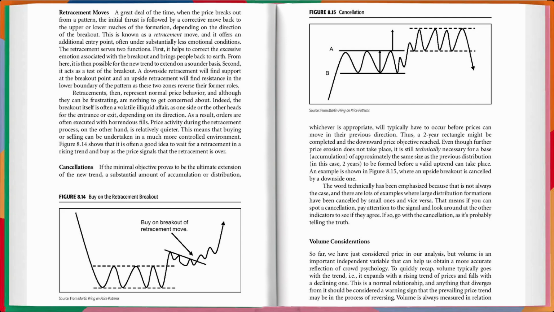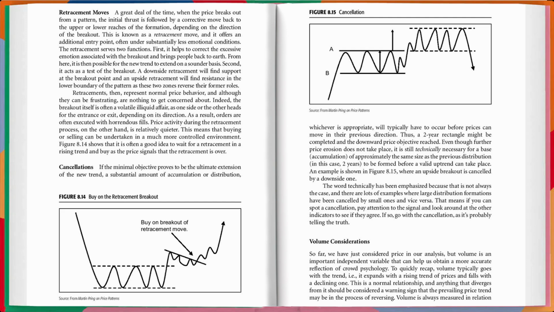Even though further price erosion does not take place, it is still technically necessary for a base accumulation of approximately the same size as the previous distribution, in this case, 2 years, to be formed before a valid uptrend can take place. An example is shown in Figure 8.15, where an upside breakout is canceled by a downside one.